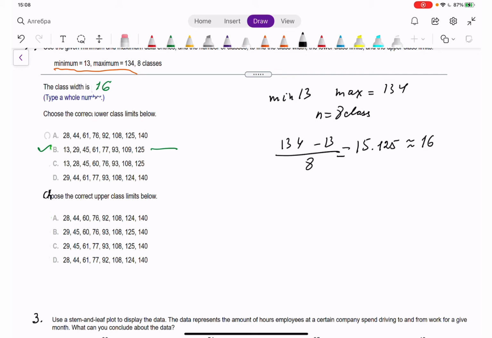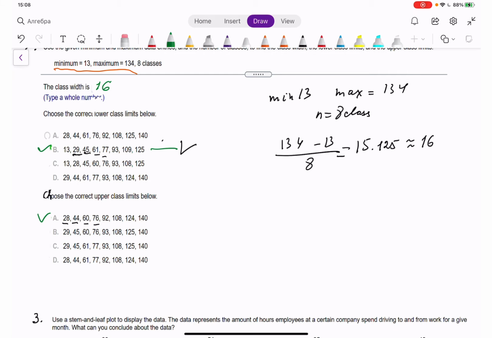If we have 29 as a lower limit, then the upper class limit is going to be one less, 28. We have 45, here it will be 44, 61 will be 60, 77 will be 76. So this is going to be our answer.